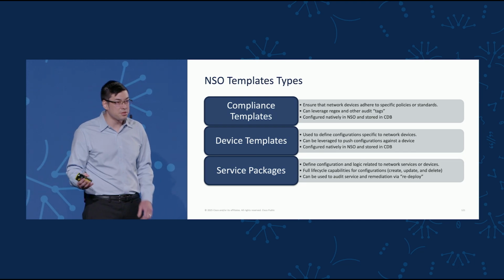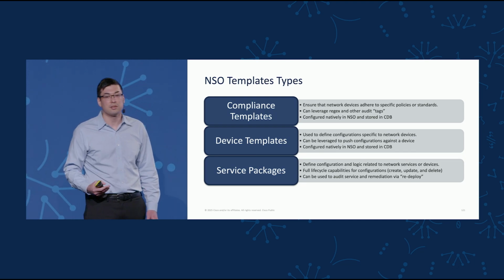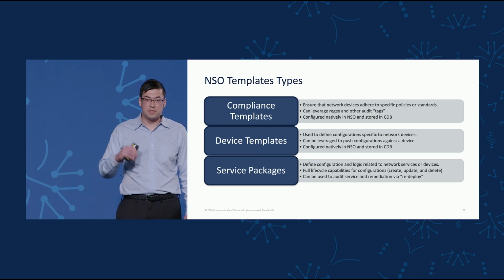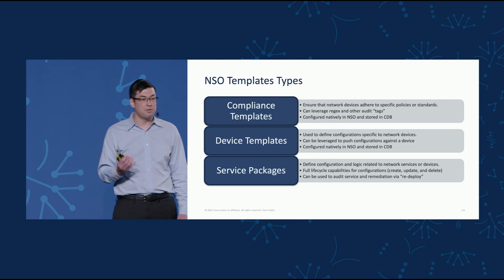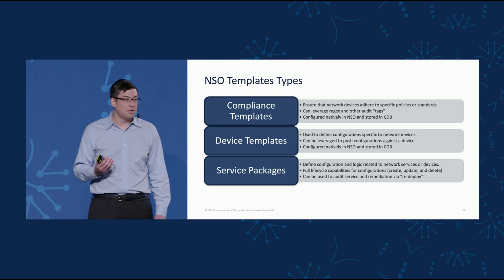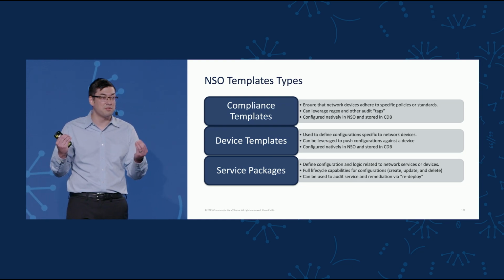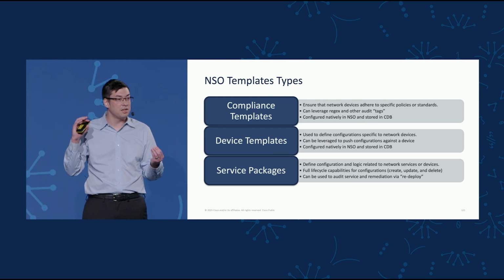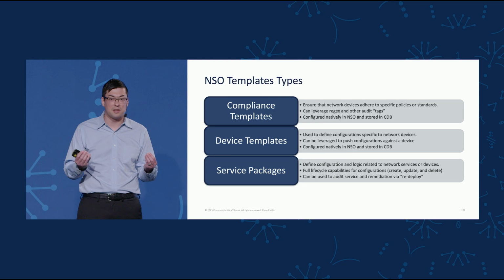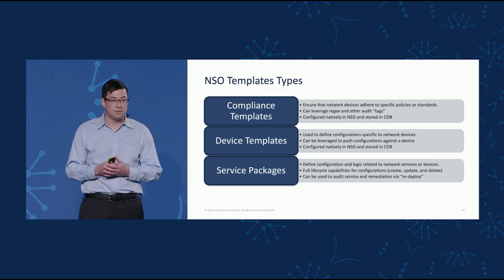And then we also have service packages, which we've come to really like: the full CRUD capabilities, full lifecycle management, leveraging FastMap. The key thing with services here is my compliance check is my service intent, meaning I'm checking if the service is out of sync, and if it's out of sync, then I show you what the delta is.